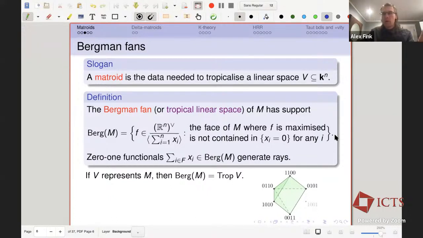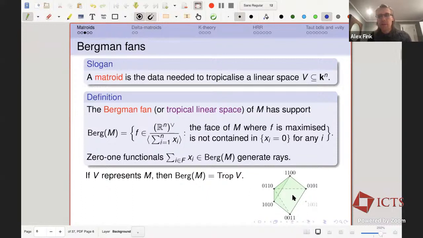I look at all of the faces that don't have any single variable xi equal to 0. And the collection of normal cones to those faces in the normal fan is this Bergman fan, and that is the tropicalization of a linear space.